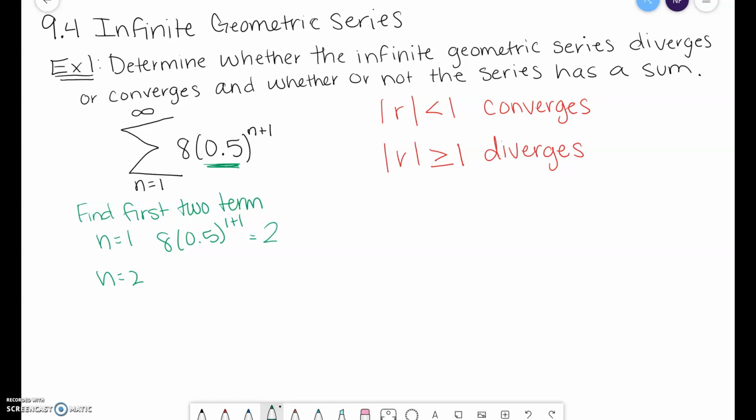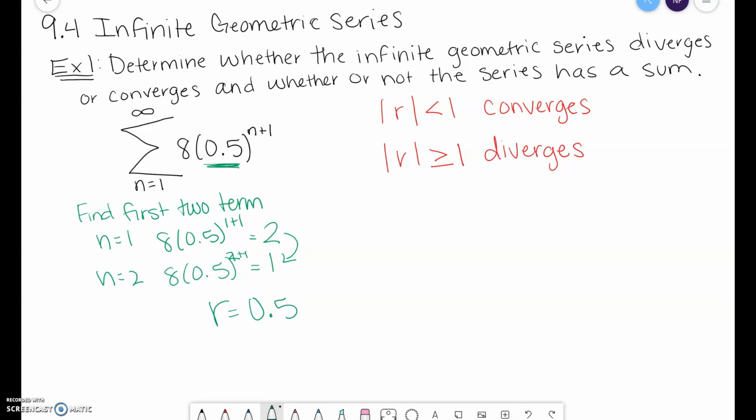So sometimes you might have to find the ratio by doing the first term and second term. So again, if we had done that, this would have been 2, and then we would have done 8 times 0.5 to the 2 plus 1 and gotten 1. And then we would find what's the pattern there, which is timesing by 0.5. So our common ratio is 0.5.